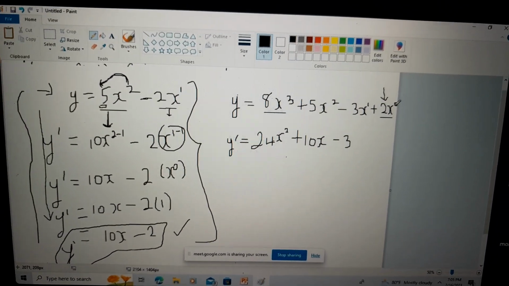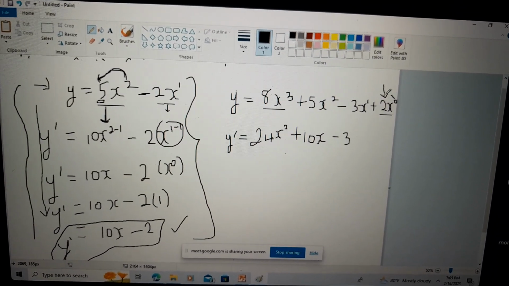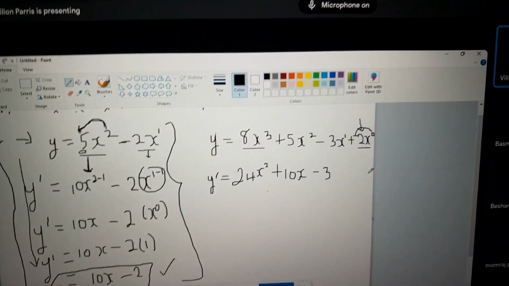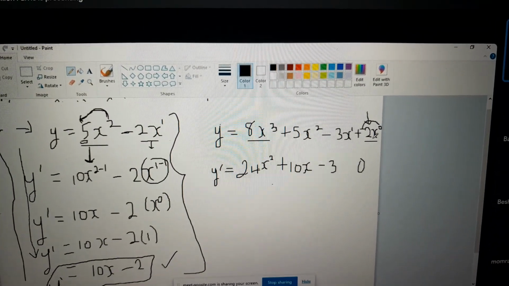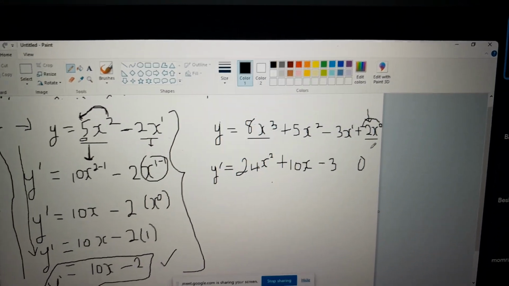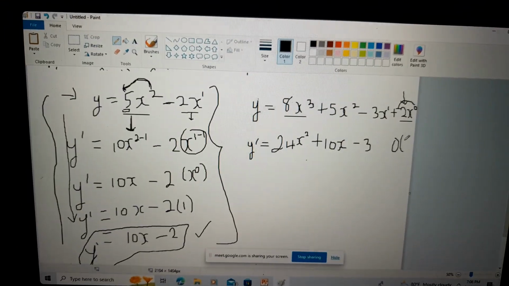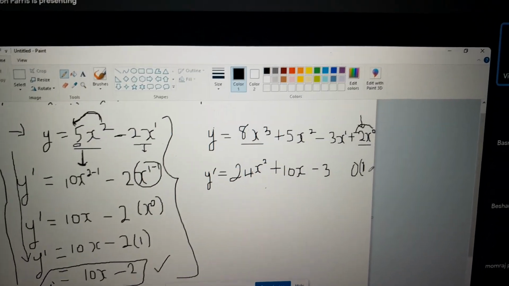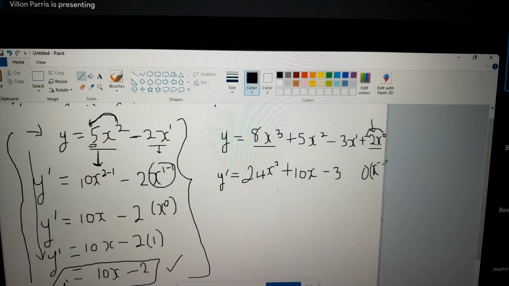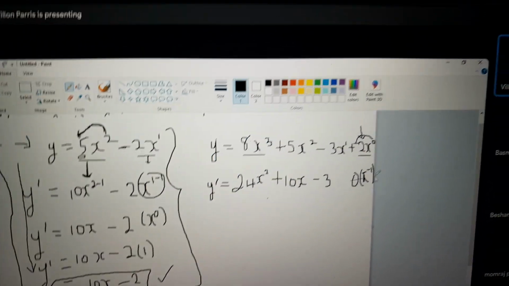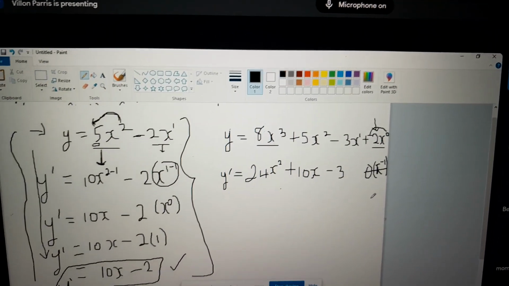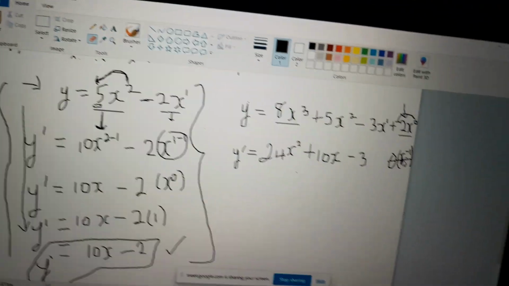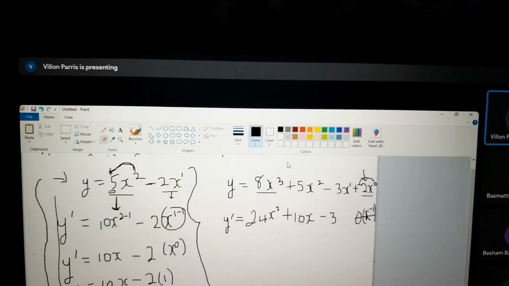So if we apply the rule, I have to multiply the index by the coefficient. What is 2 times 0? 0, sir. 0. And x to the 0 power is actually 1. And even if I subtract it and I'm left with x to the minus 1 power, 0 times anything will still give me what? 0, sir. 0. And that is why when we differentiate a constant term, we will always get 0.